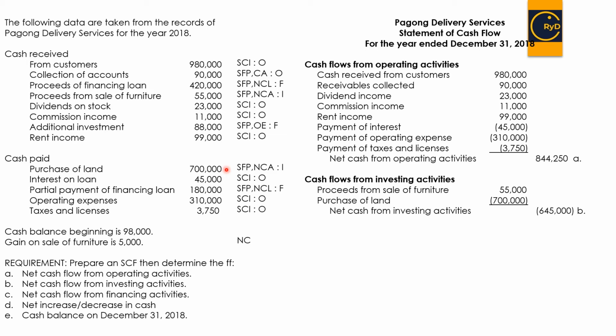So the net cash from our investing activities is a negative 645,000. So in this case, class, this only means nga mas daghan og money gipagawas si company para mopalit or mo invest og mga long-term assets.